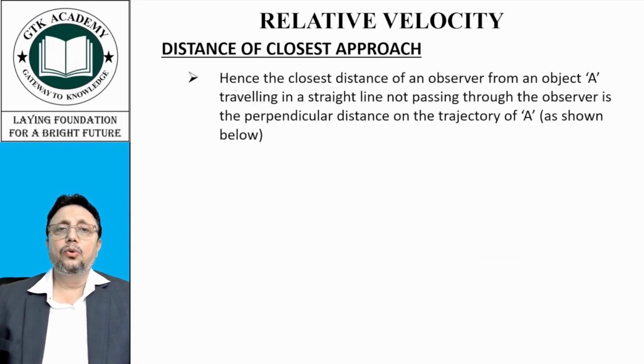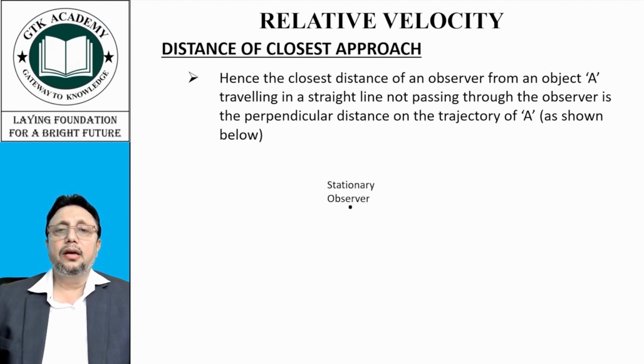Now, the closest distance of an observer from an object traveling in a straight line, not passing through the observer, is the perpendicular distance on the trajectory of the moving object.